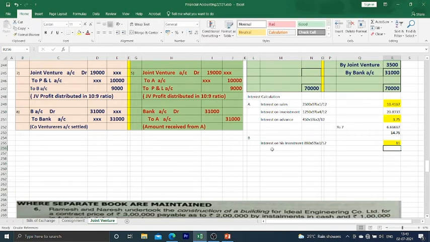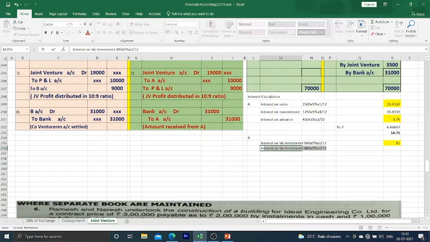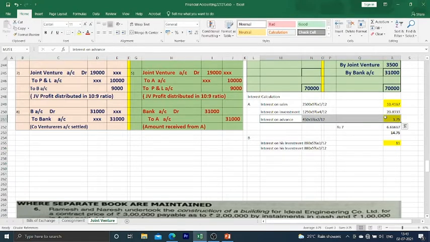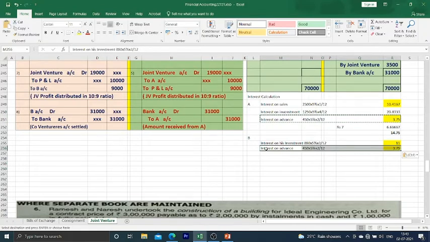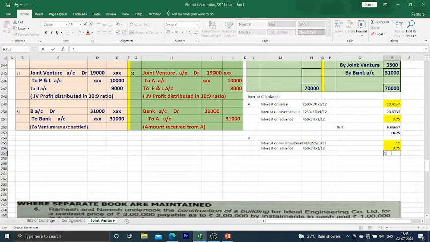done based on his advance. The points total amount is 15.7. So this amount 14.75 is nothing but rupees 15.